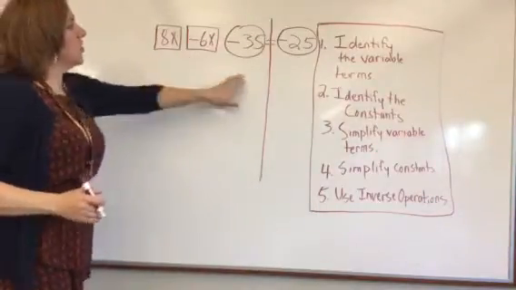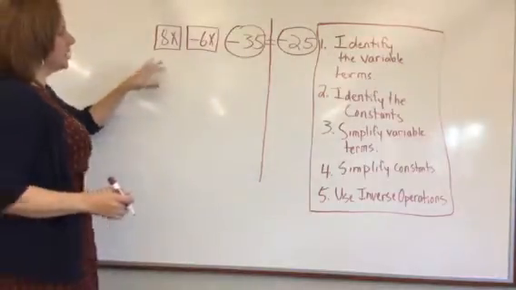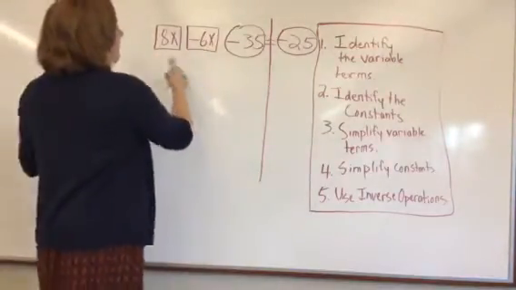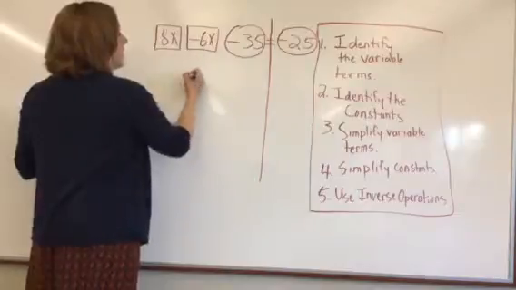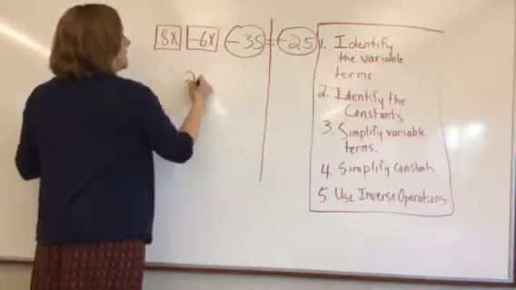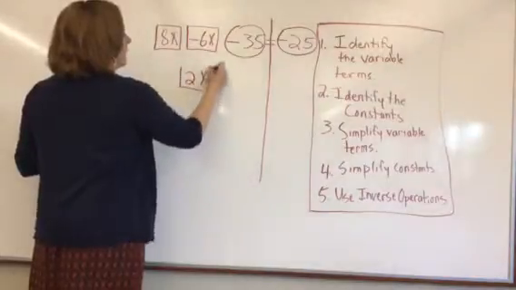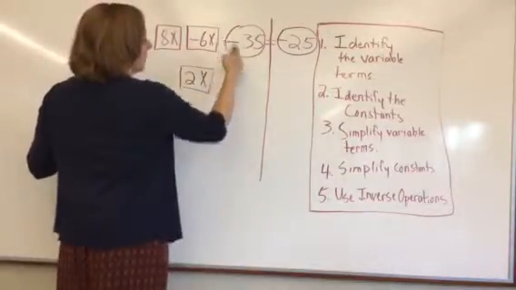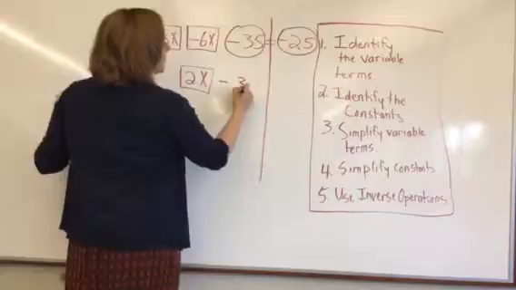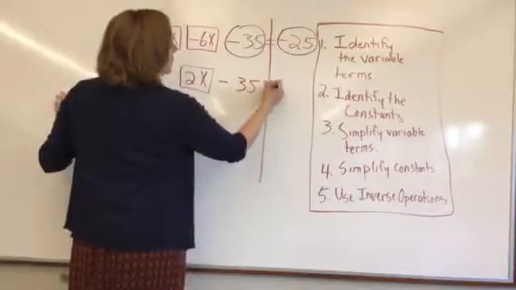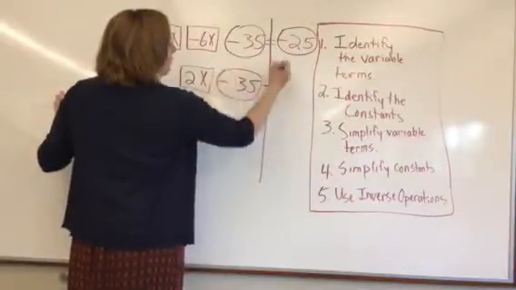Because they're like terms, already on the same side of the equal sign, I can simplify them. 8x minus 6x simplifies down to 2x. I'm going to box that because that's still a variable term, and I still have my minus 35 equals, and I'm going to circle my minus 25.